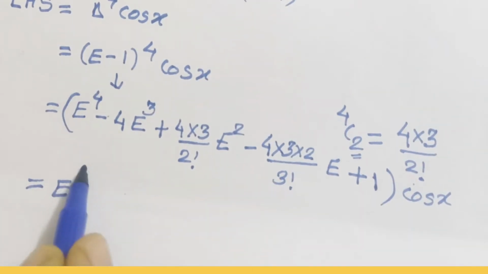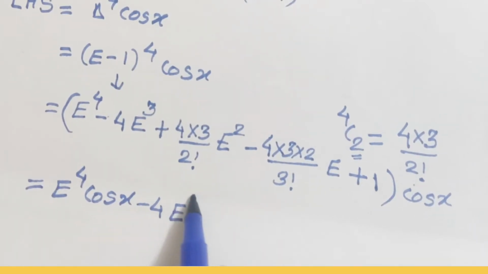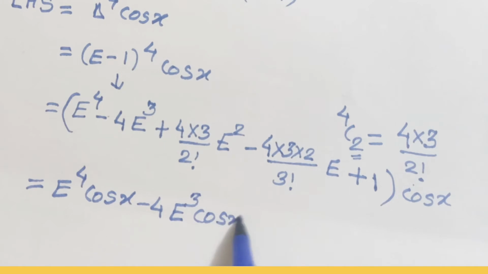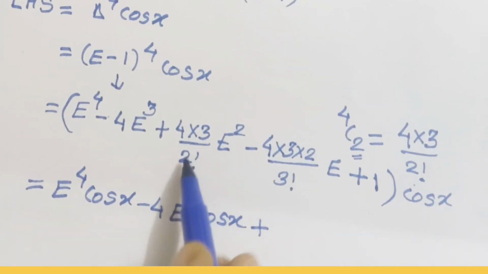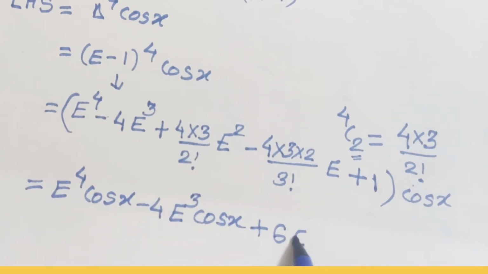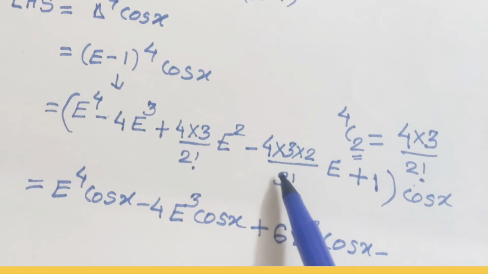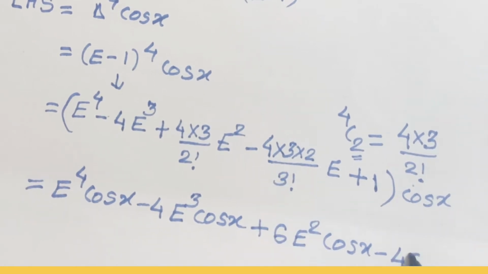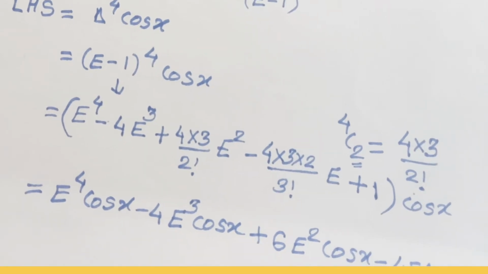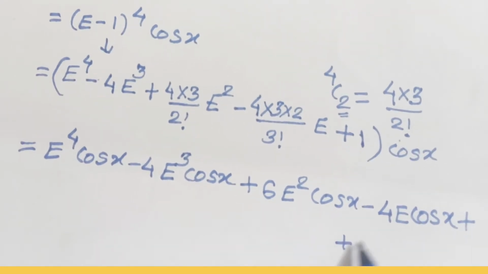Then e raised to the power 4 into cos x minus 4 e raised to the power 3 into cos x, then plus, simplifying this term, it becomes 6 e square cos x, then minus: 3 factorial is 6 and 2 into 3 is 6, so they cancel, remaining is minus 4 into e cos x plus 1 into cos x. So the next term is 1 into cos x, which is cos x.